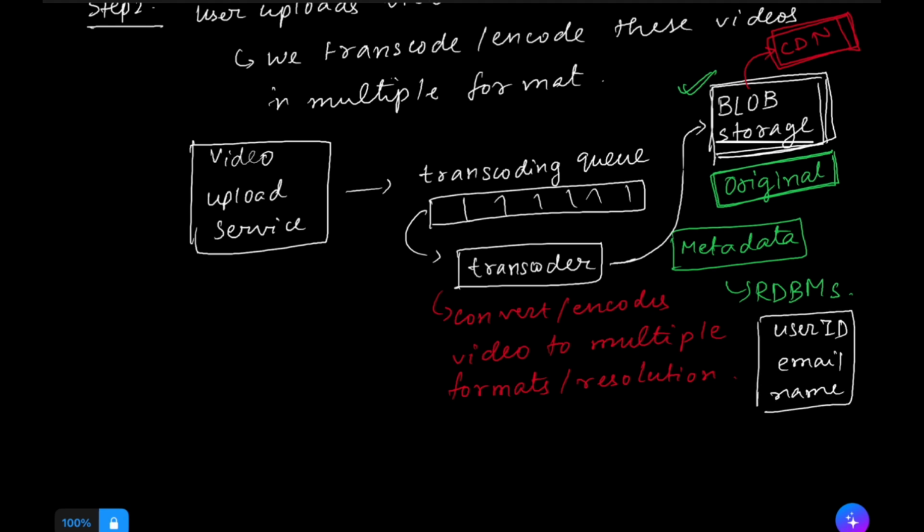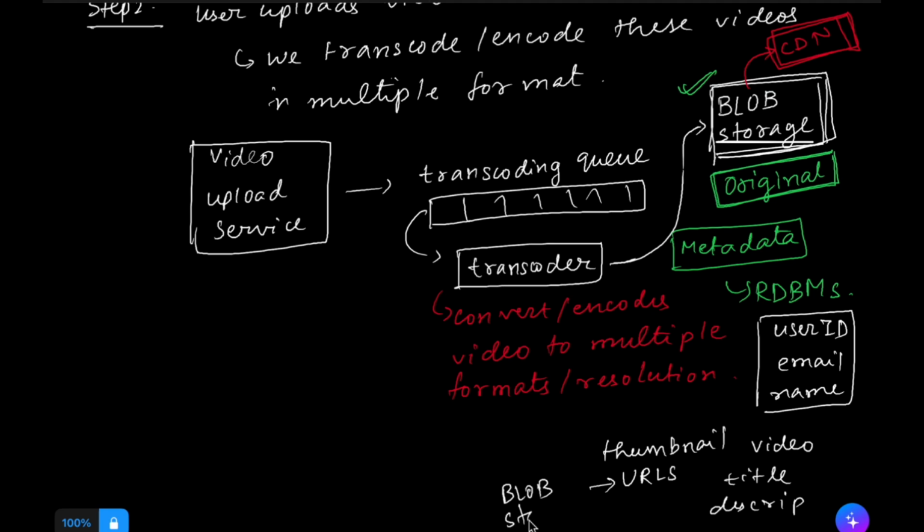In another table, it has the video uploaded by the particular user and the metadata corresponding to that video, like title, description, thumbnail, and URLs where these are stored in the blob storage, and all these are stored in the RDBMS.